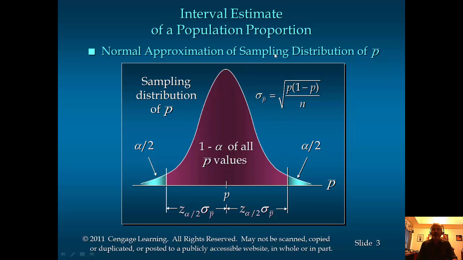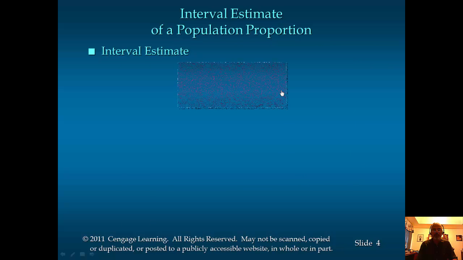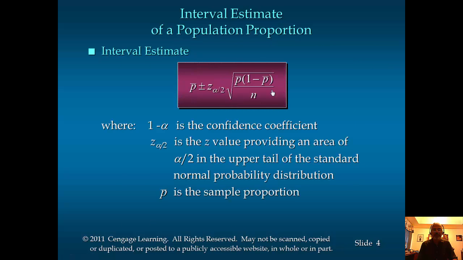So here is the formula for the standard error: square root of p times 1 minus p over n. Of course, we won't know the value of p, and therefore we have to substitute that with p bar. So the formula for the interval estimate is p bar plus or minus z sub alpha over 2, and this is your normal table value.